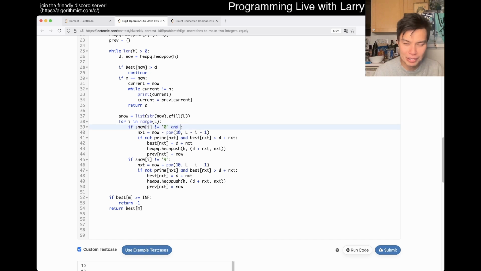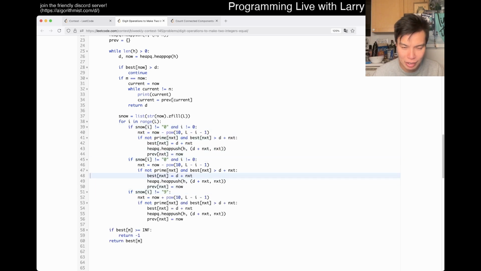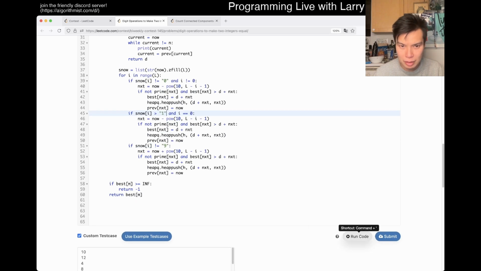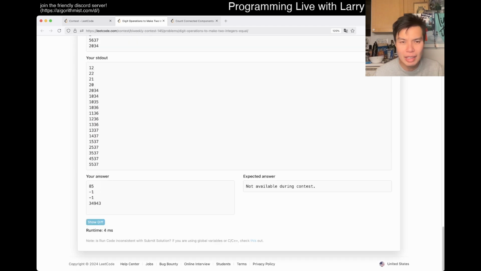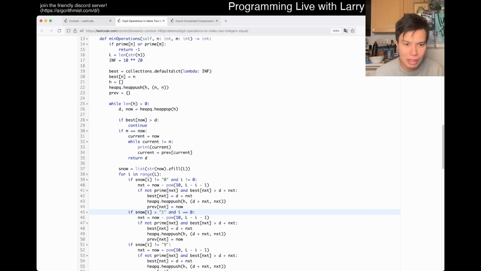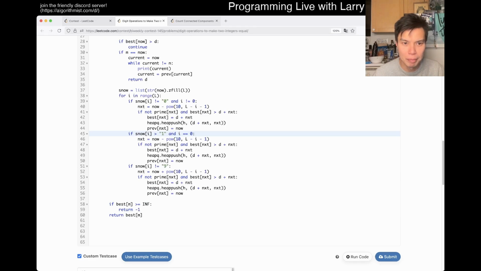Okay, I don't have right code apparently. Okay, so you have this. Let's just hack it together for now. Or this, right? Is that the right answer? So they never say anything about leading zeros. I feel like that's such a wrong answer.